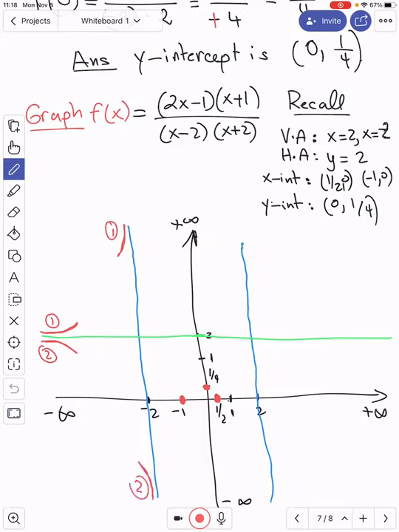So the graph of f can be above the horizontal asymptote, or it can be below the horizontal asymptote, so you can go all the way down here. These are your two options.